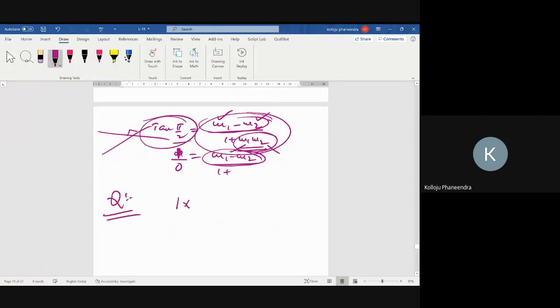What is this value? 1. What is this value? 2. Right?